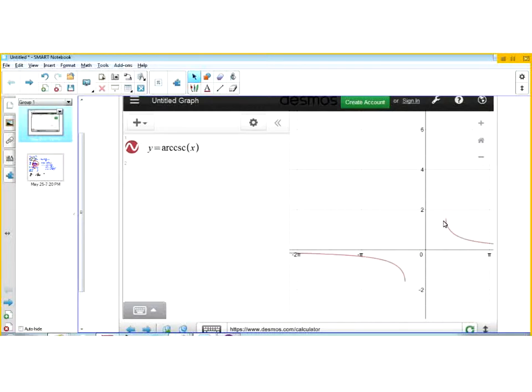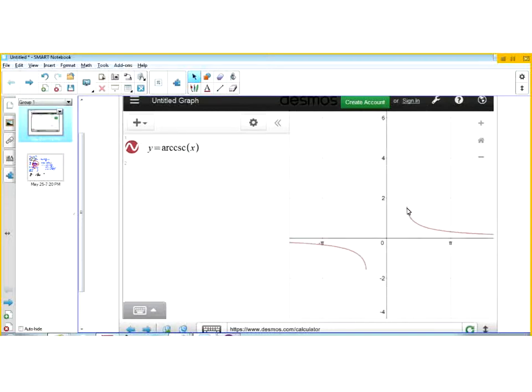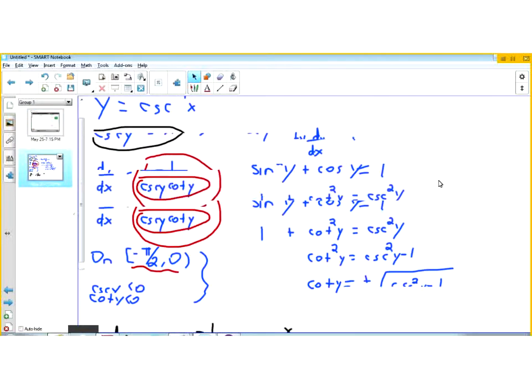So if we look at the graph, the domain of the arc cosecant function, which is shown here in red, is what? x is greater than 1 or x is less than -1. So let me write the domain, well, on the next slide. Okay, so take a good look at this, because we'll need that in our calculations for the derivative.